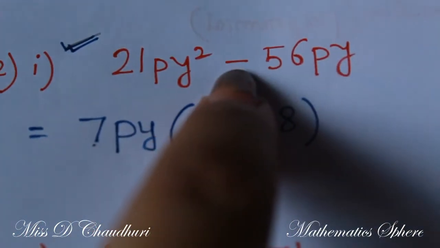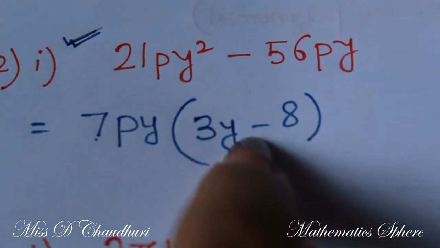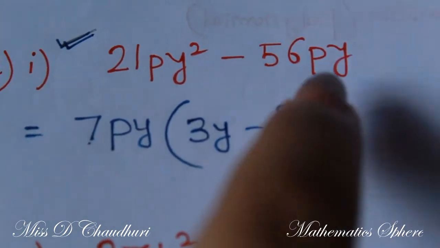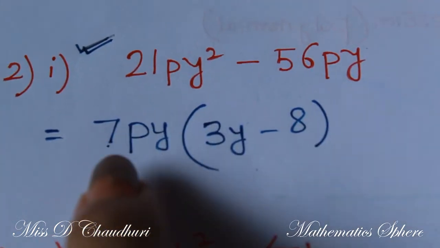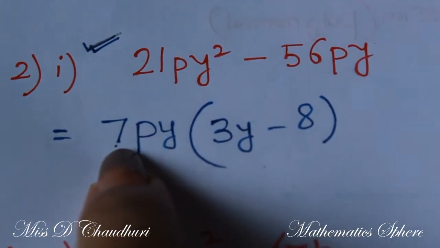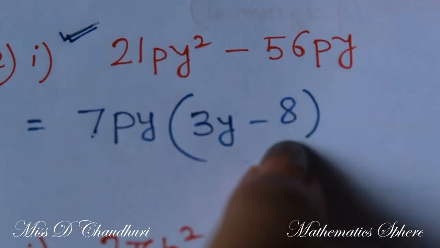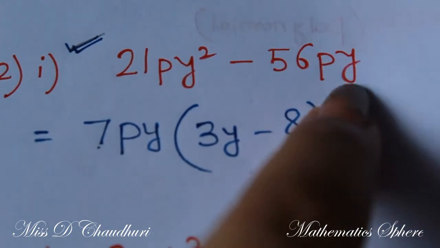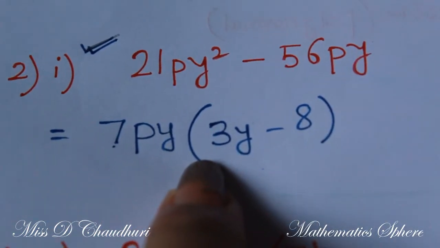Now their connecting sign was minus, so this minus will remain here. The signs will remain accordingly. Now from here we see 56. 7 is already taken as common. So 7 into 8 is 56, so 8 will remain here in the numerical part. Now from py, both p and y are in the common part.